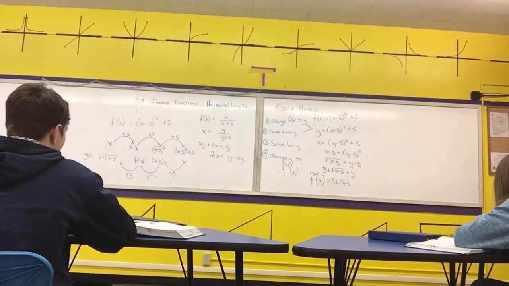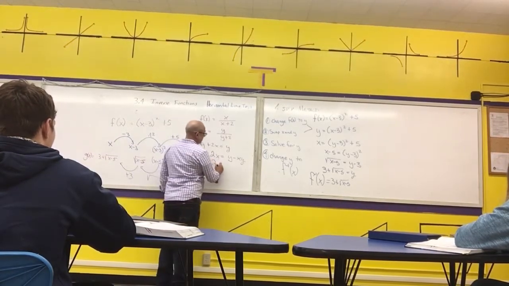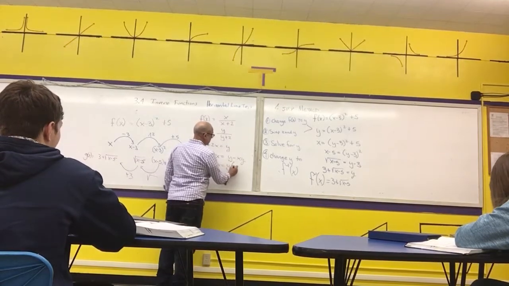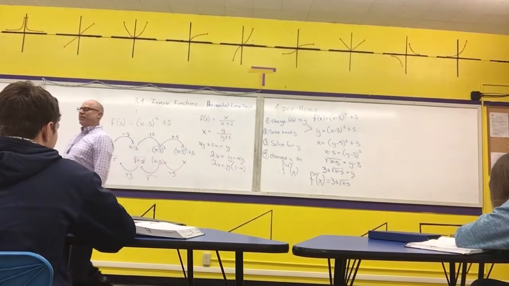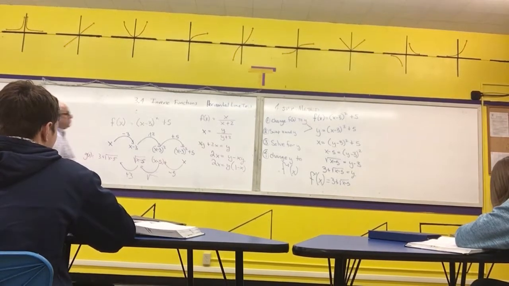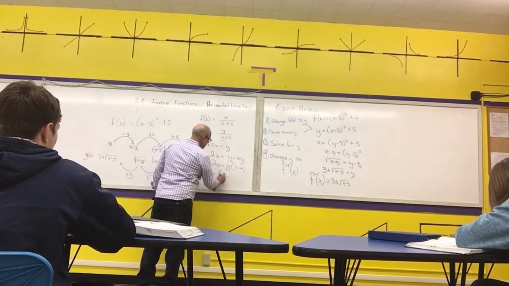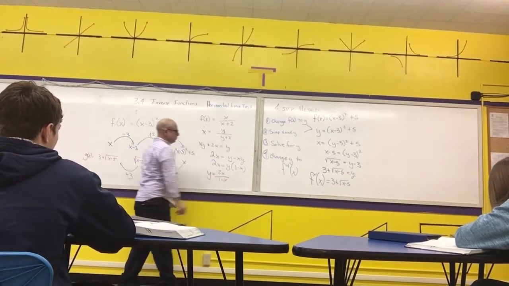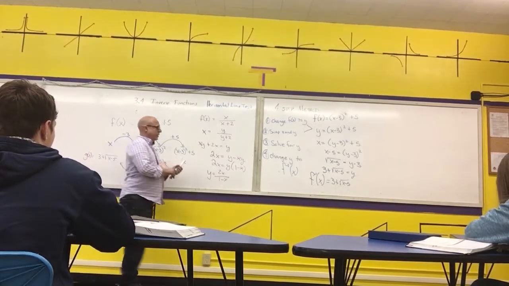Do you see that? And my final step to solve for y is to divide both sides by 1 minus x. Final step would be to write this as f inverse of x.